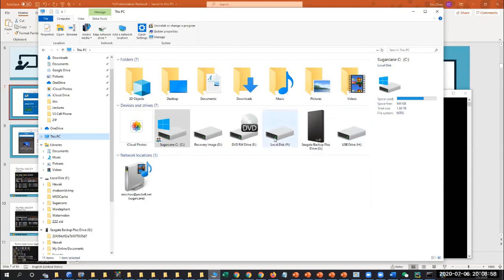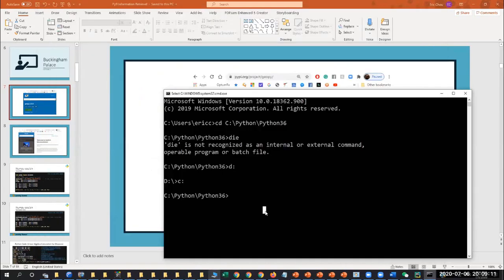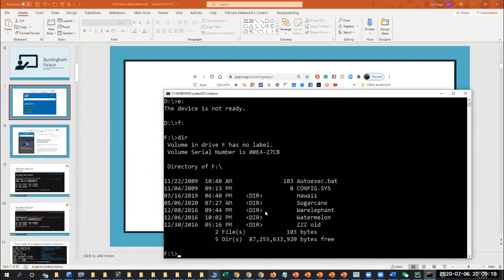I just bought a 10 terabyte drive, and this F drive is already 20 years old. This hard disk survived for a long time. But anyway, you do D colon, E colon, F colon, it jumps to different hard disks, okay? And each hard disk has one file system.